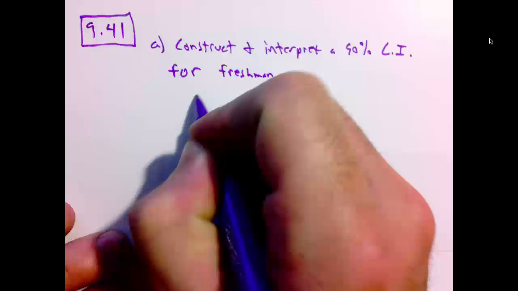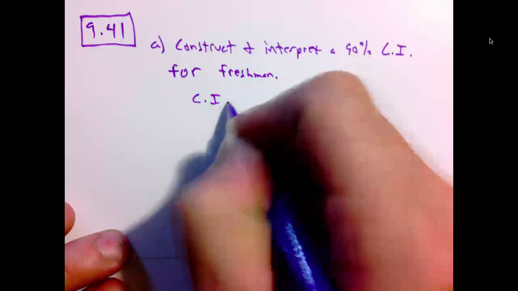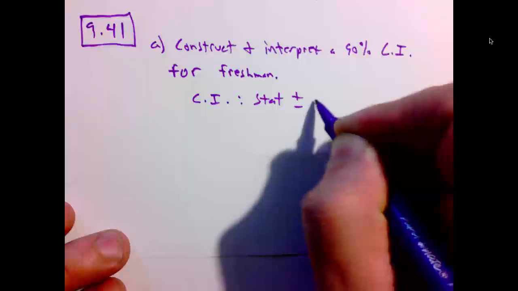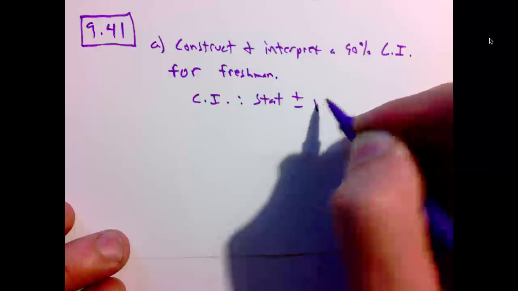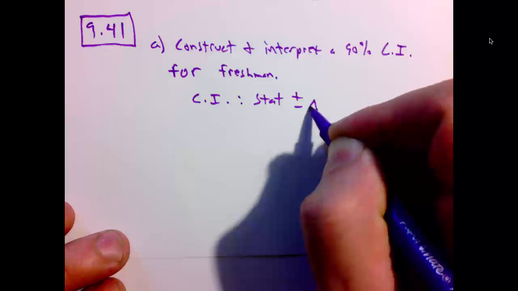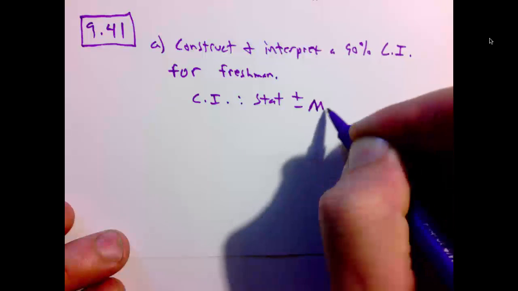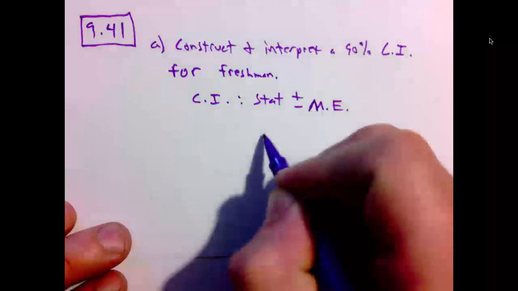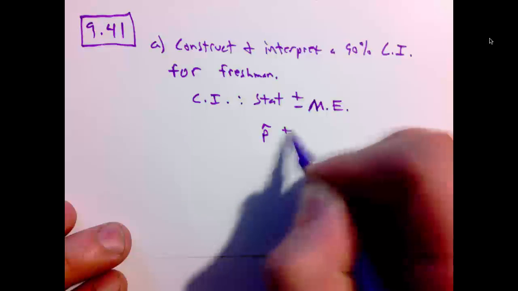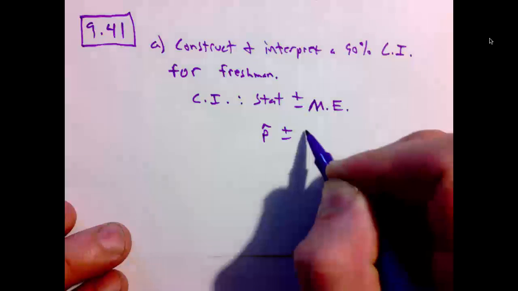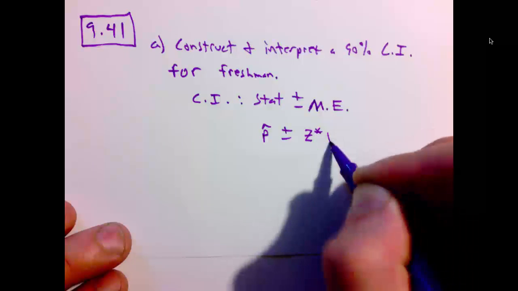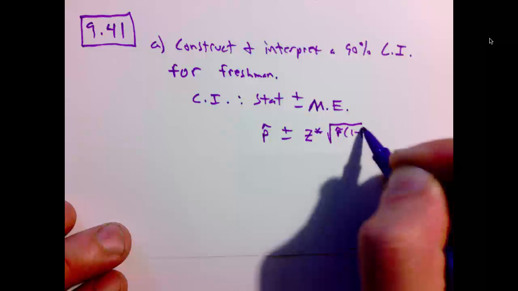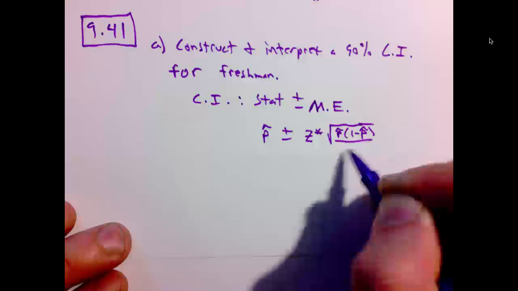Our confidence interval is a statistic plus or minus a margin of error. For our proportions, that is p hat plus or minus our critical value, our z star, times the square root of p hat (1 minus p hat) divided by n.